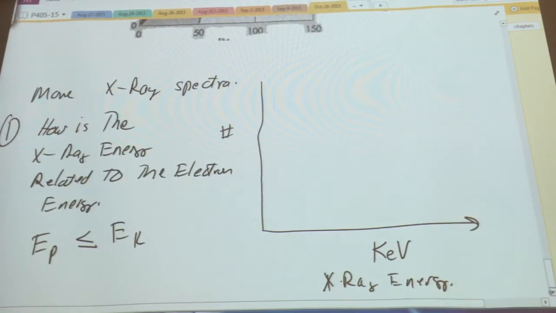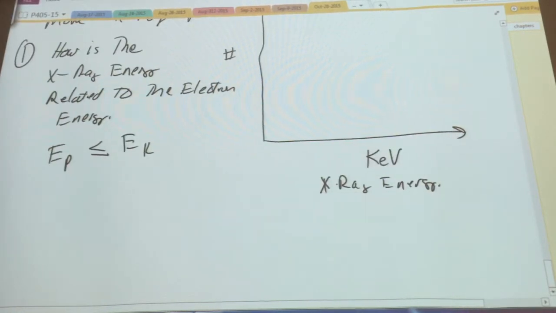Second question, second little detail that we want to fill in here. How is the electron energy related to the potential?